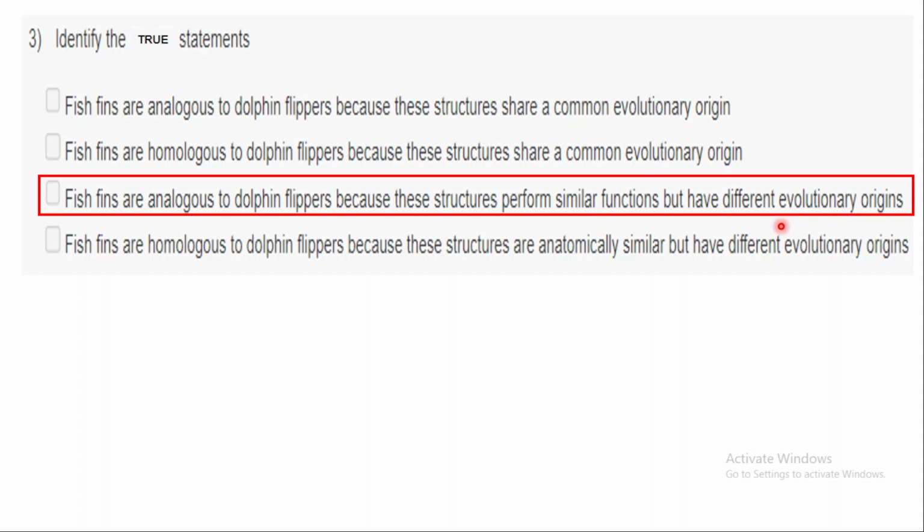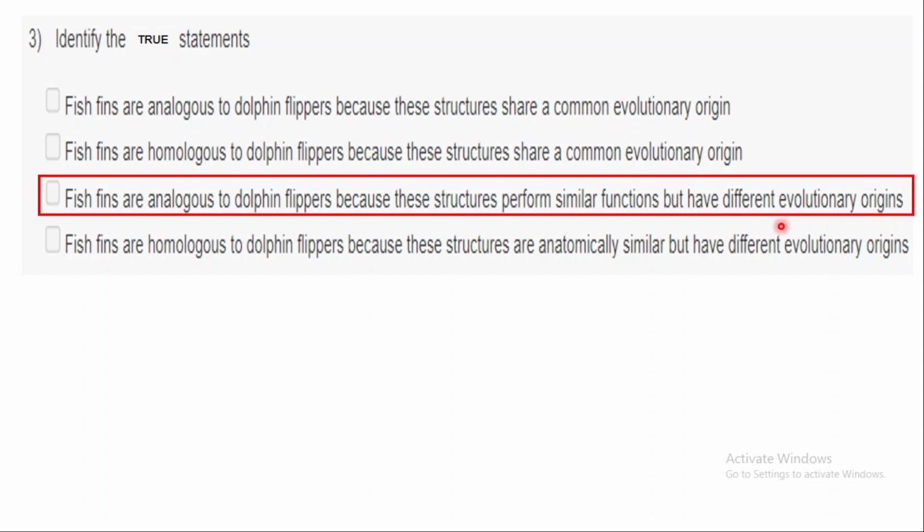But these structures, the fish fins and the dolphin flippers, perform similar functions. Because both of them are aquatic animals, these fins and flippers are useful for locomotion inside water. But they have different evolutionary origins. That is why they are analogous structures. Fish fin is an analogous structure to the dolphin flipper.